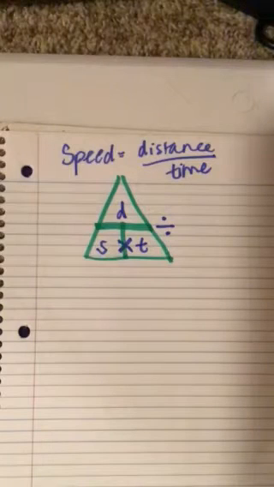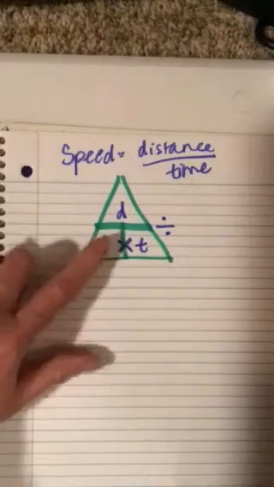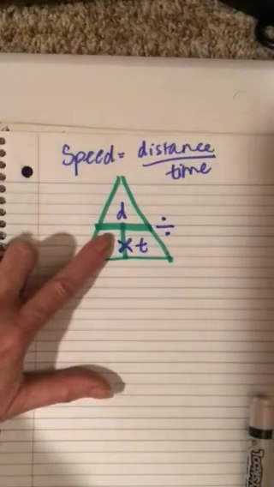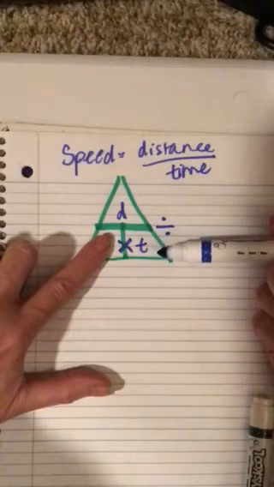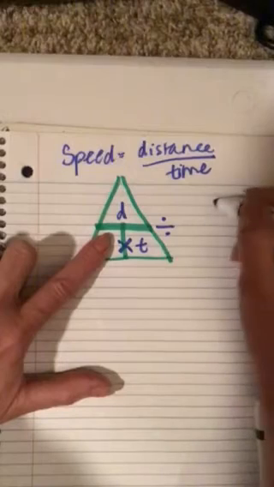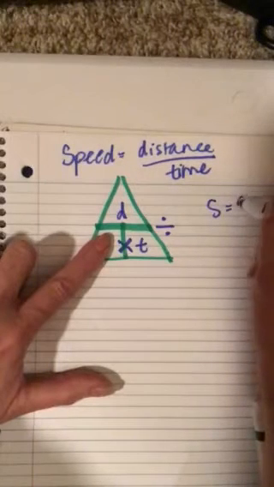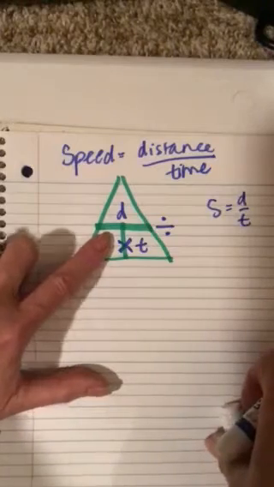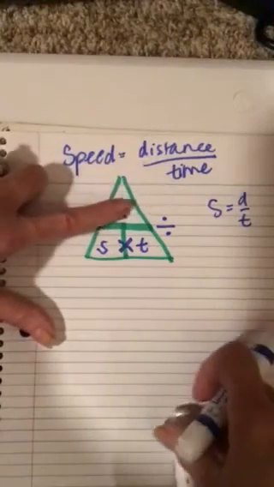Now, in order to manipulate it, remember we said if you cover what you're looking for, let's say we're looking for speed, we cover it up. That leaves distance divided by time, okay? So we already know that speed is equal to distance divided by time. But let's say we're looking for distance. So I'm going to cover up distance.